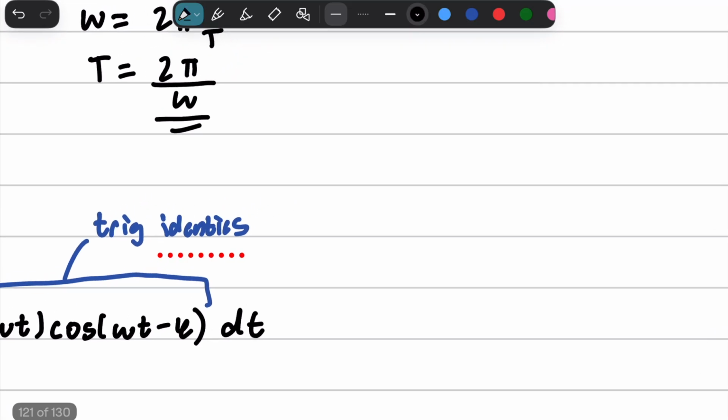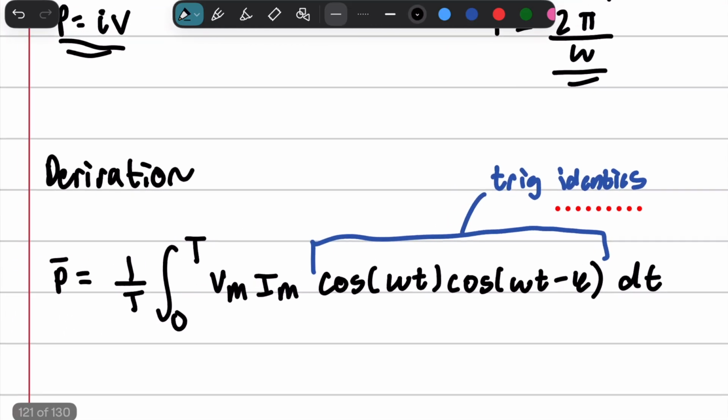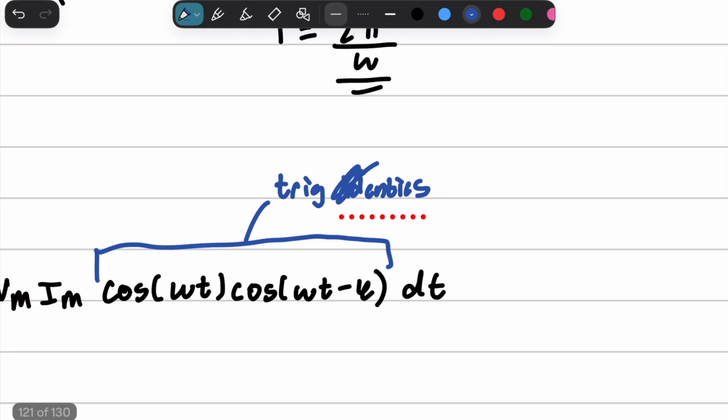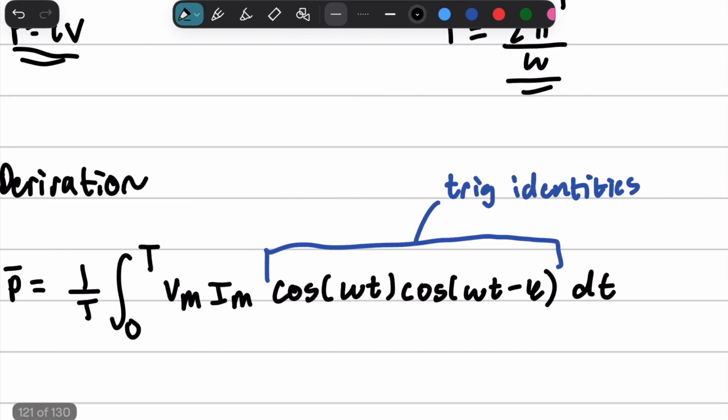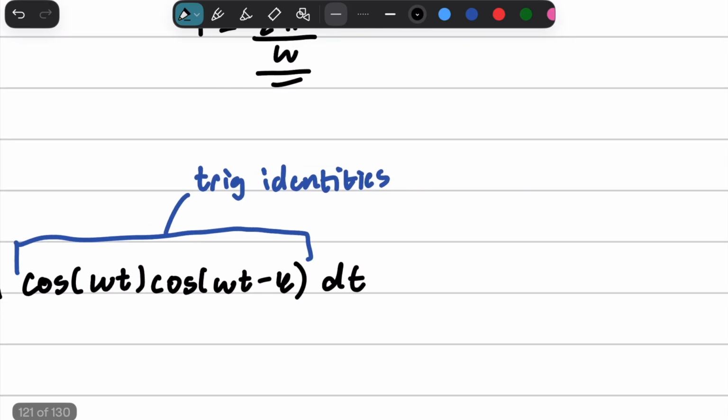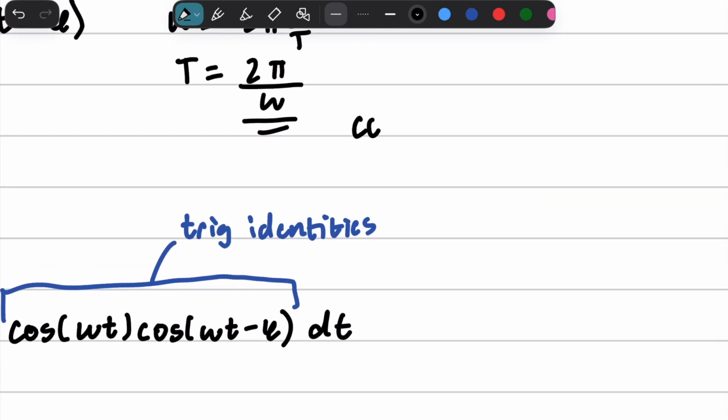It's very good to know these identities, and I spelled identities wrong, because they can help you simplify these kinds of equations, especially for proofs or derivations. So we're going to use this one.